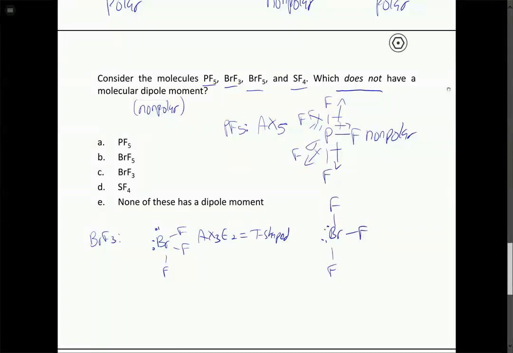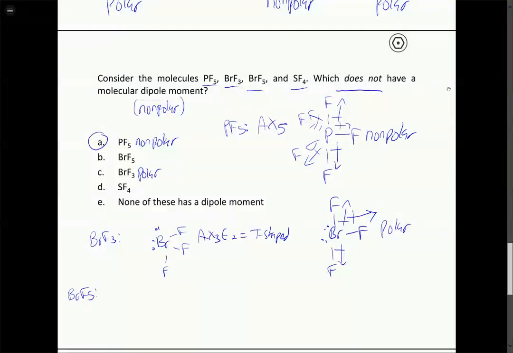And in this case, the bond dipoles don't cancel out. So these two more or less do. They're opposite of each other, but we have a net dipole moment pointing towards this fluorine on the right here, so this one's going to be polar. And then I skipped one, but that's BrF3, which is polar. This one's nonpolar, so we think that's our answer, but let's verify the rest.